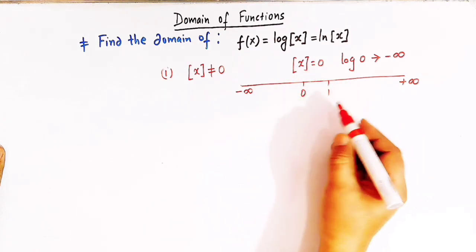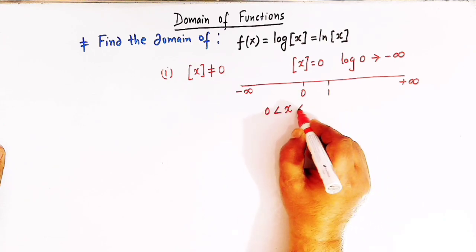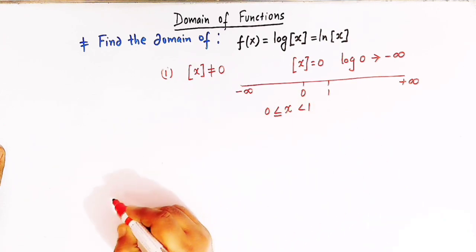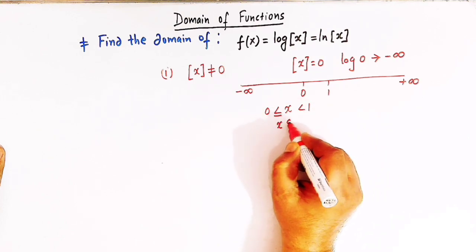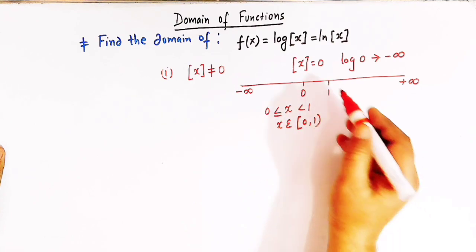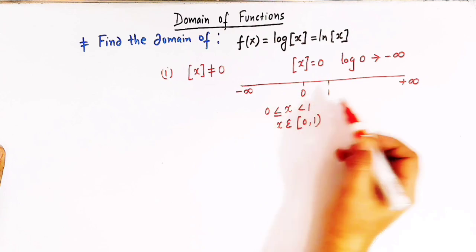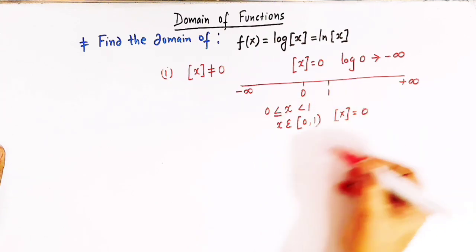So whenever we have x lying between 0 and 1, including 0, then for all values of x which lie in this interval, that is 0 to 1, the value of greatest integer of x is equal to 0, right?